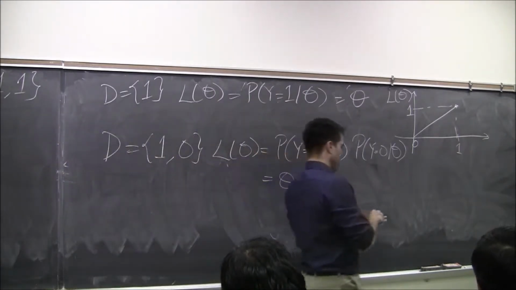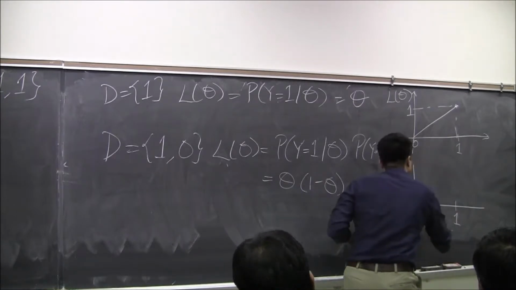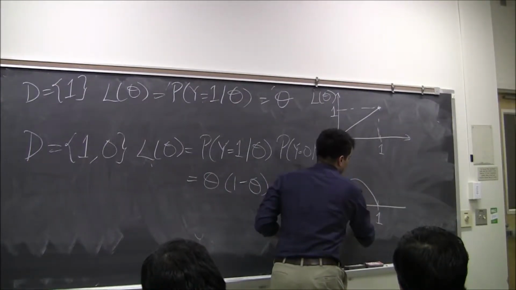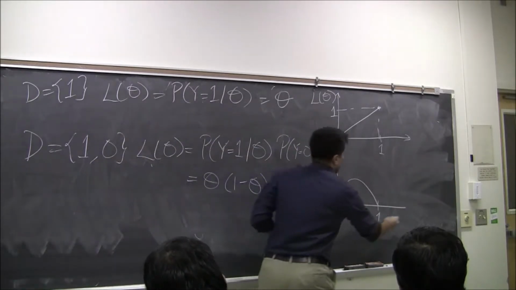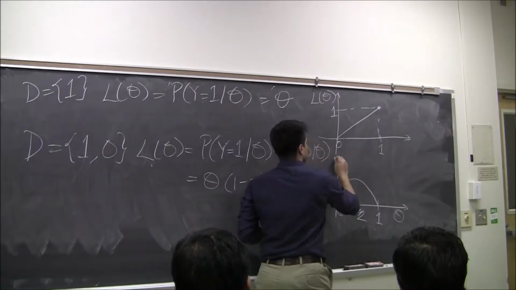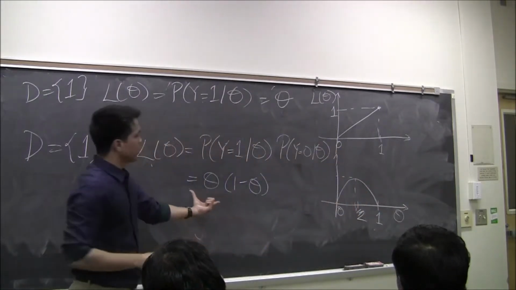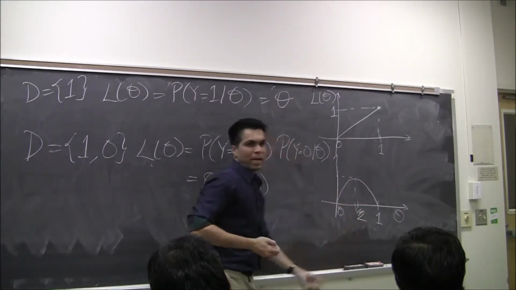This function looks slightly different. Actually looks like an inverted parabola. Achieves the maximum at half. And if you solve this, it's going to say, theta hat, where this function achieves the maximum, is at half.